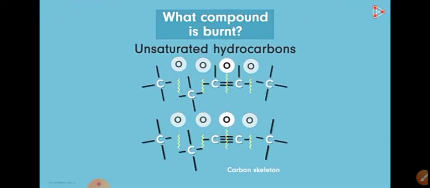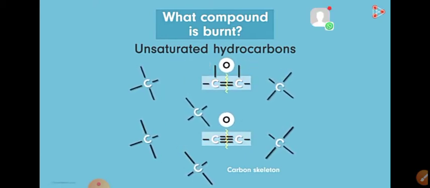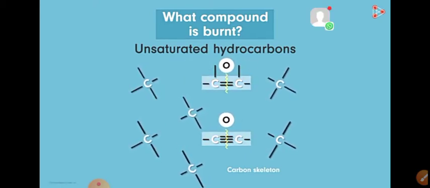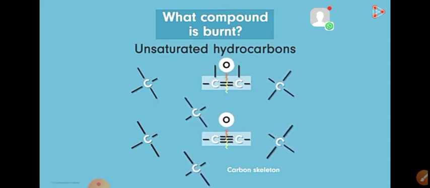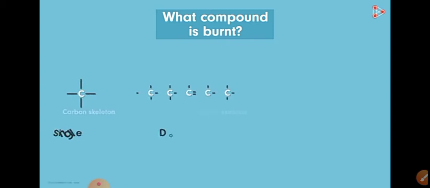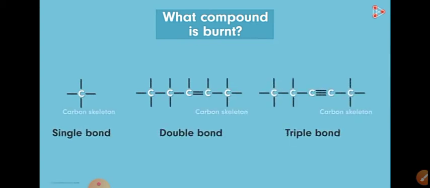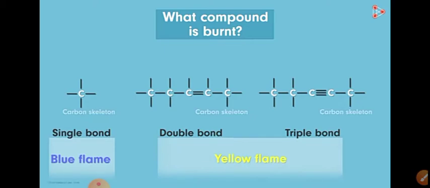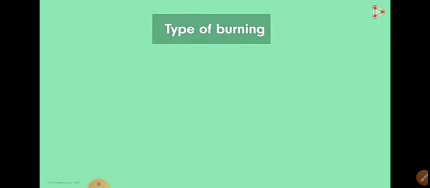Next are unsaturated hydrocarbons, how they break their bonds and how they merge with the oxygen, forming carbon dioxide. It is about single bond, double bond and triple bond. With a single bond a blue flame is obtained, and with double and triple bonds a yellow flame is obtained.